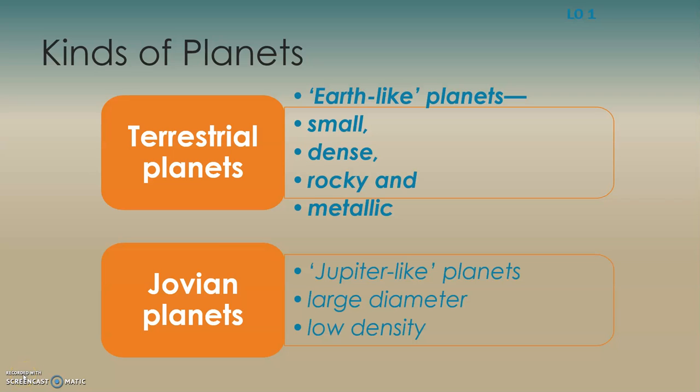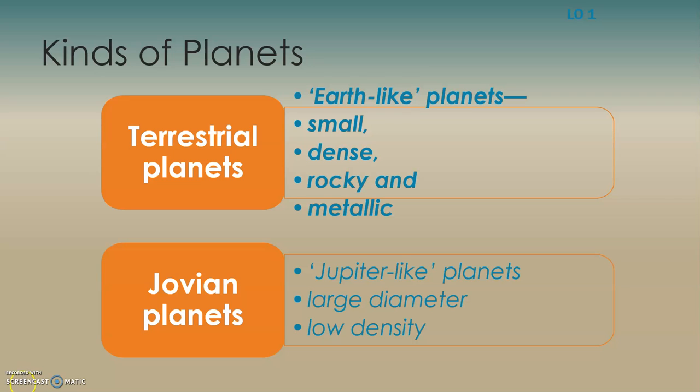Okay, we're still on chapter 6, and we're talking about the evolution of the terrestrial planets. We had talked about the terrestrial planets in the first video, the terrestrial planets versus the Jovian planets, which are the gaseous, bigger planets in the solar system.